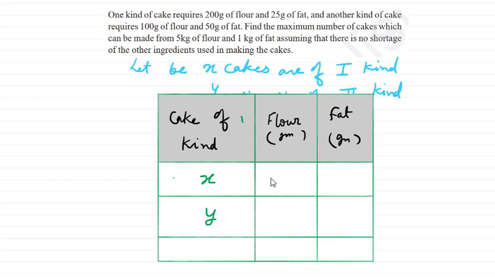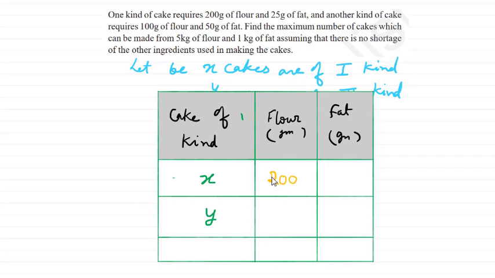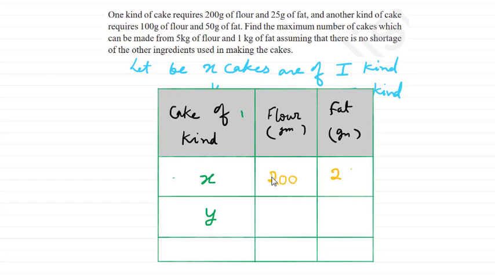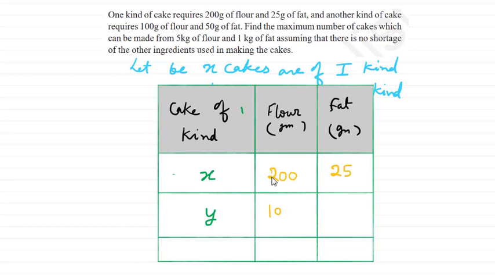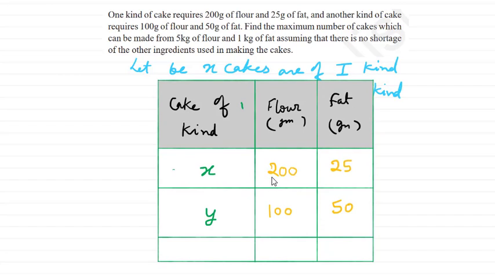So here I've taken a table. In the first column I have taken cake of kind, like we have x number of cakes of first kind and y number of cakes of second kind. Now according to the question, one kind of cake requires 200 grams of flour. So 200 grams of flour is needed by the first cake and 25 gram of fat is needed. Now the other kind of cake requires 100 gram of flour and 50 grams of fat.